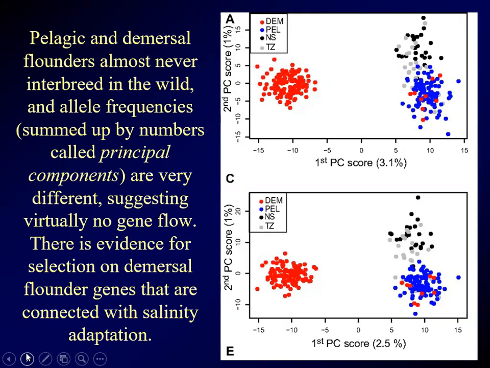The graphs that you're looking at here are the results of a type of analysis that we're not really going to have time to get into, called principal components analysis. And in PCA, principal component analysis, let's just say that this is a way that you can take a whole bunch of numbers and boil them down into a limited number that express most of the variance in your sample.